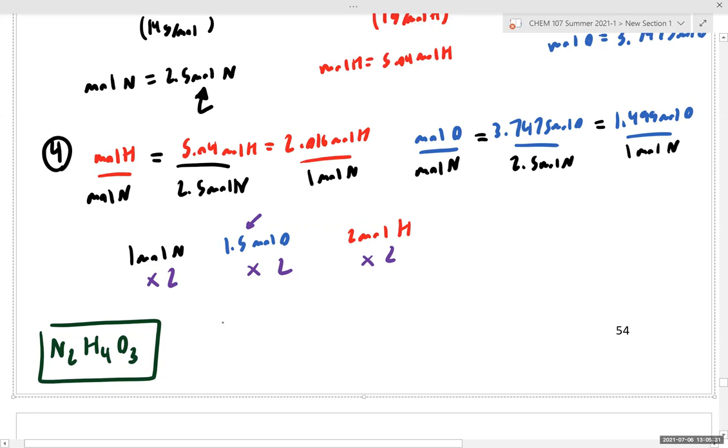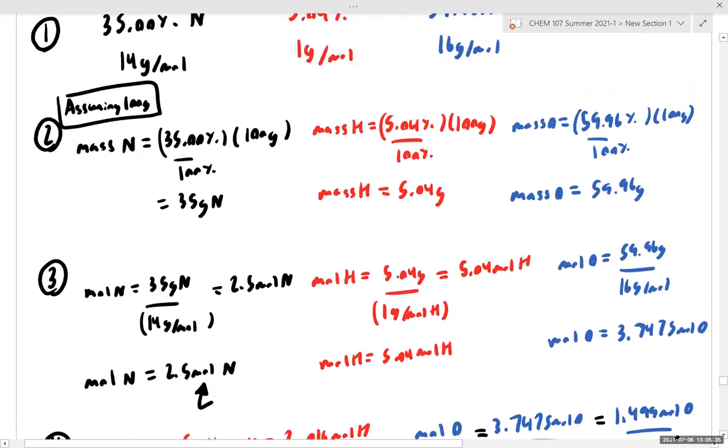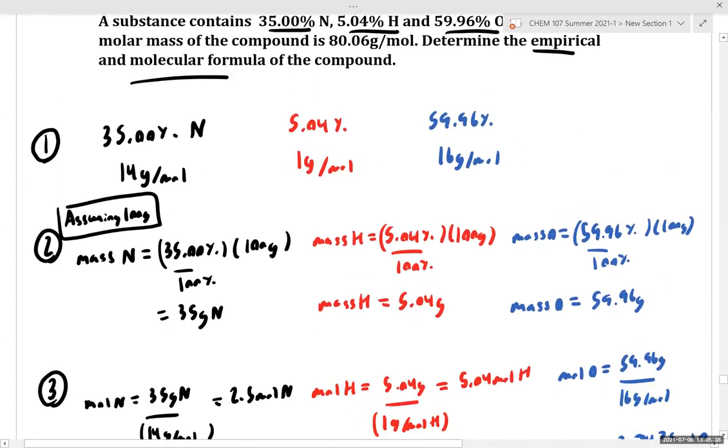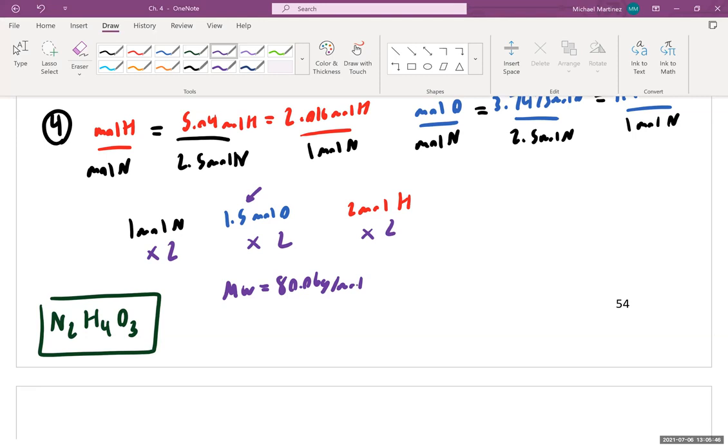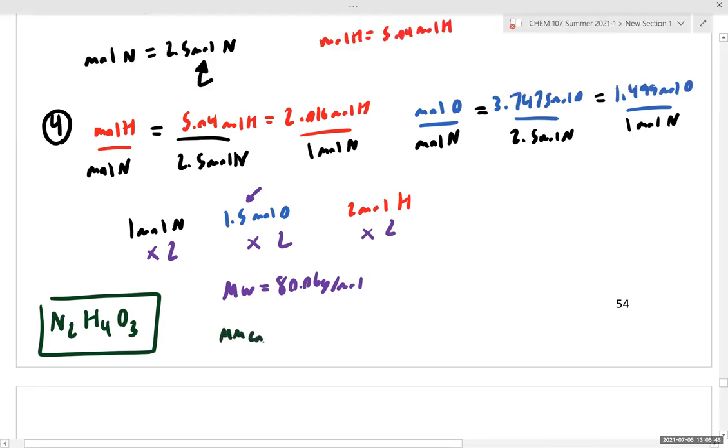We know our molecular weight in this case is 80.06 gram per mole. Let's look at the empirical formula.